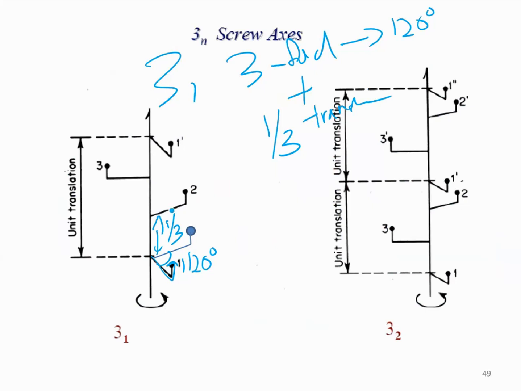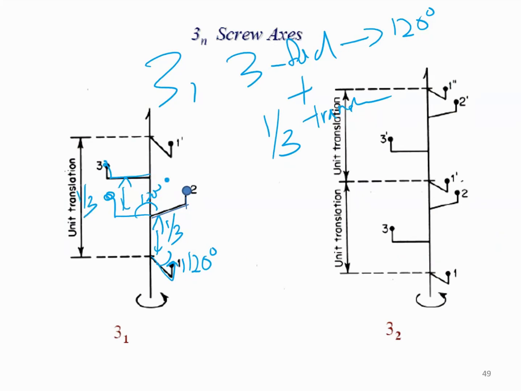So position 2, it will rotate by another 120 degrees and then translate by another 1/3.